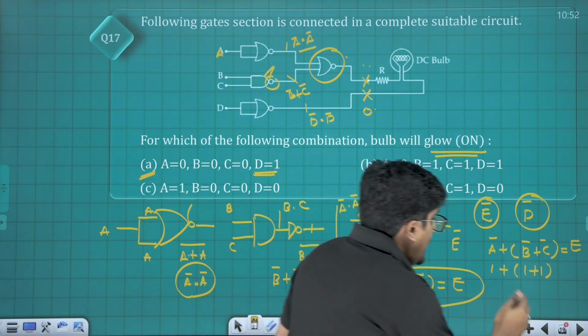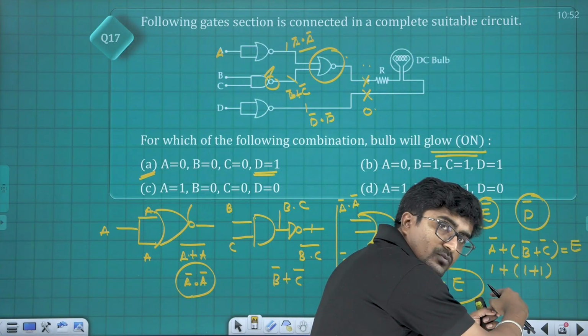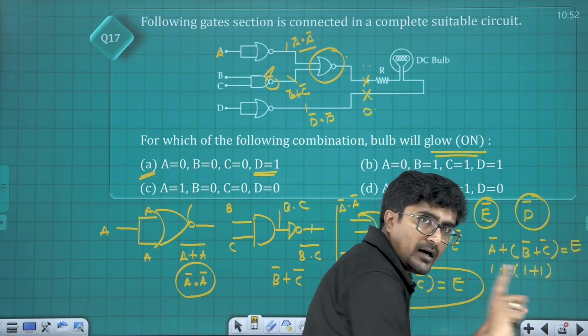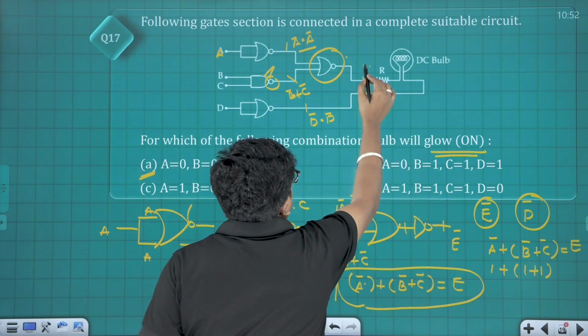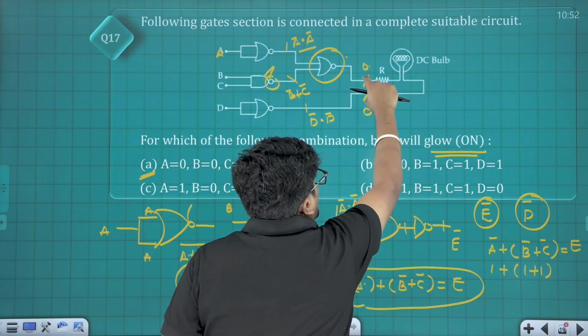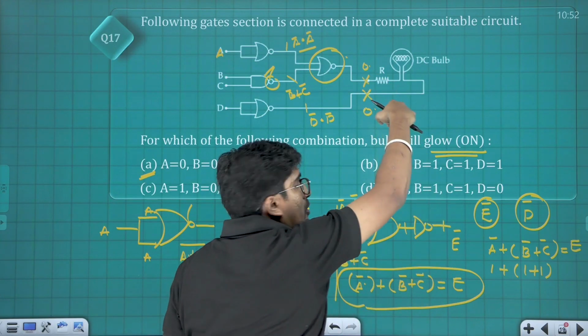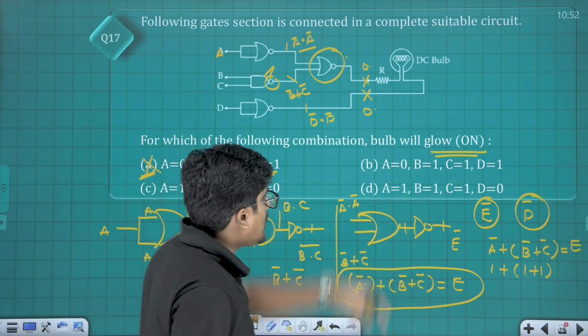Here this is 1 plus 1, that is 1, and 1 inverse is 0. So I am going to get E as 1, and E inverse is 0. So here also it is 0. That means the potential difference across this is 0, because on the top it is 0, on the bottom also it is 0. So this cannot be the option. Alright, now come to the next.